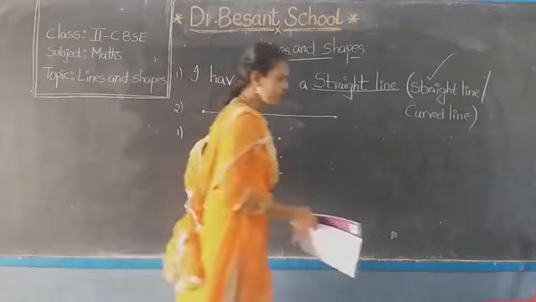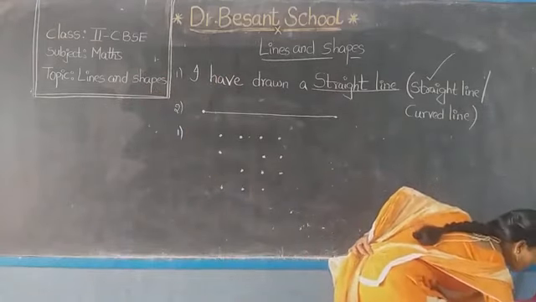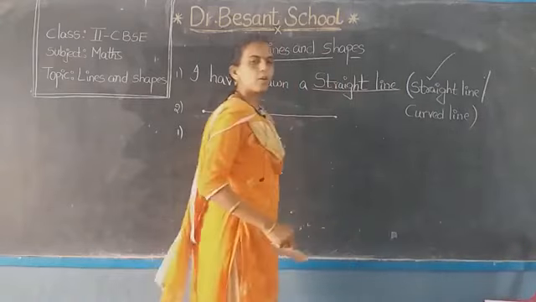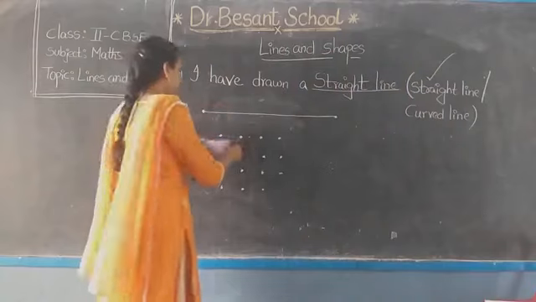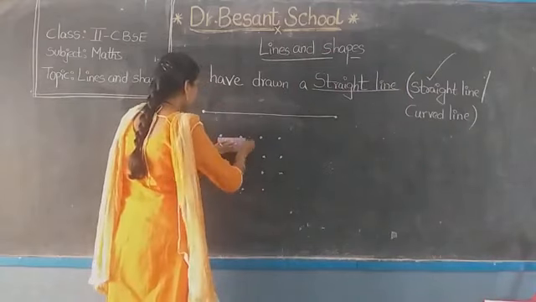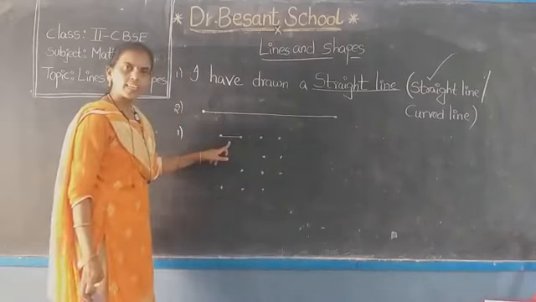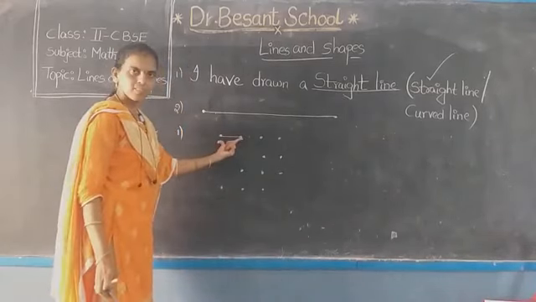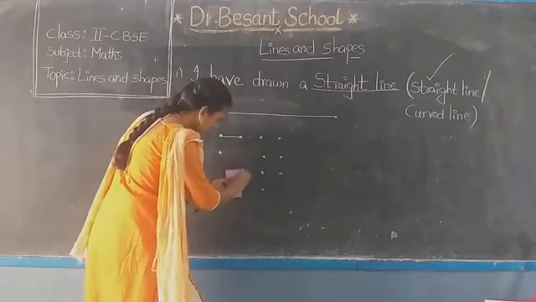See. Now I am drawing the straight lines by joining the dots here. Yes, I have joined. This is also a straight line, joining two dots. So how many can you draw? This is also a straight line.